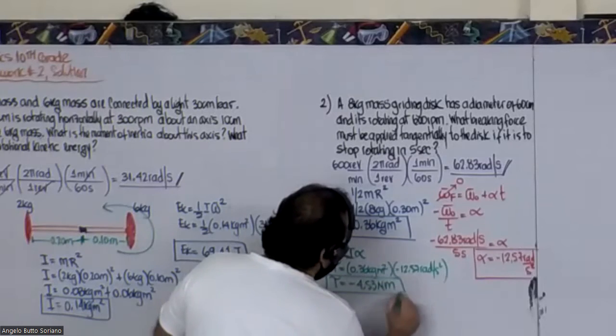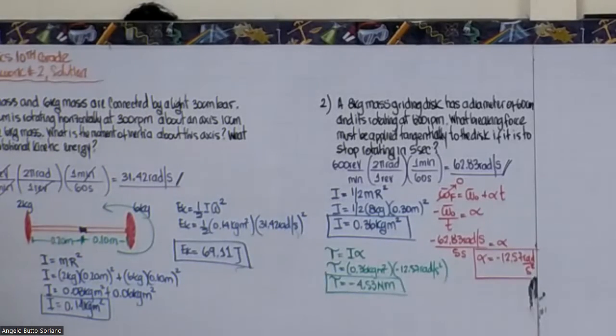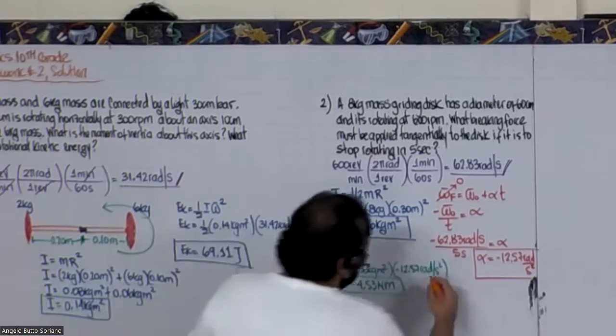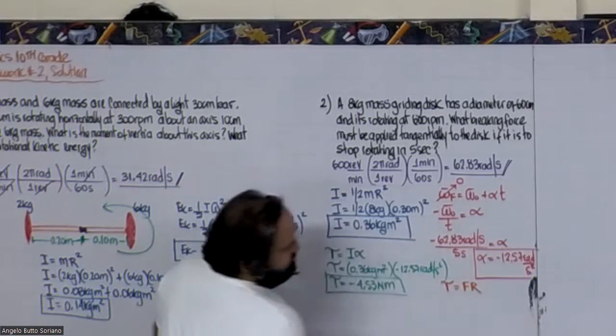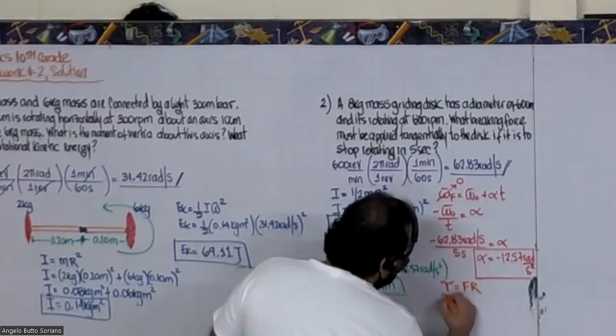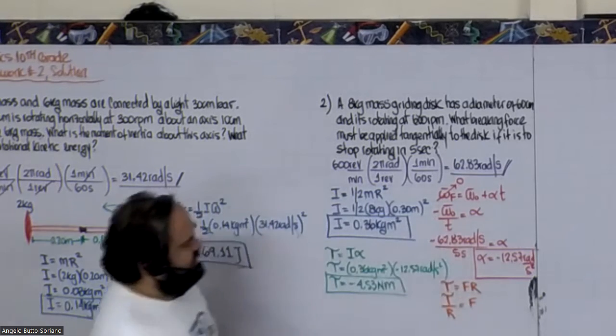But we are not looking for the value of torque; we are looking for the value of the force. Remember, torque is the product of force times radius. Because we're looking for the force, tau divided by radius is the force.